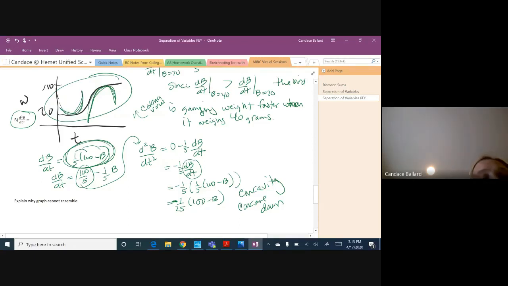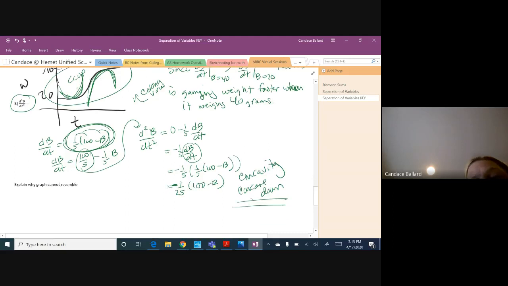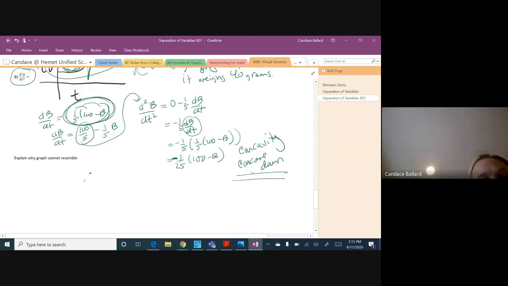Here, I am concave up. So that cannot be the picture because we know the picture is always got to be concave down. So we need to put that in words. Okay, and you can kind of follow this work here. Therefore, three dots is therefore. The graph is always concave down.